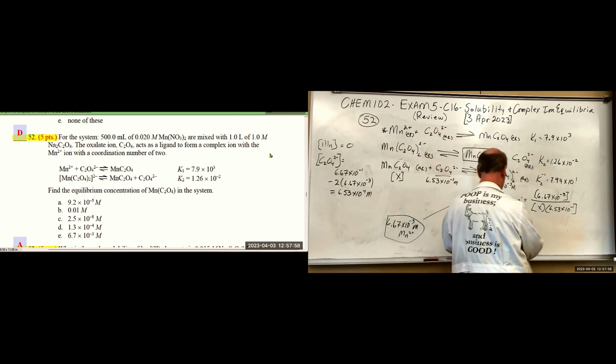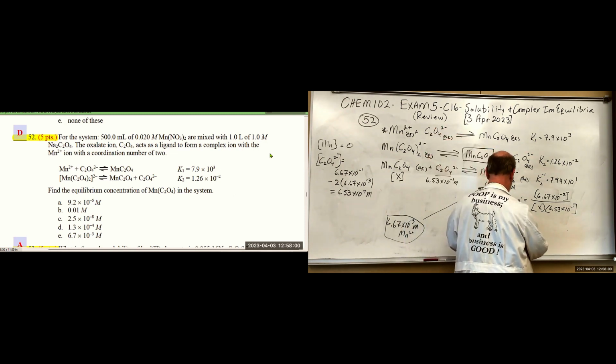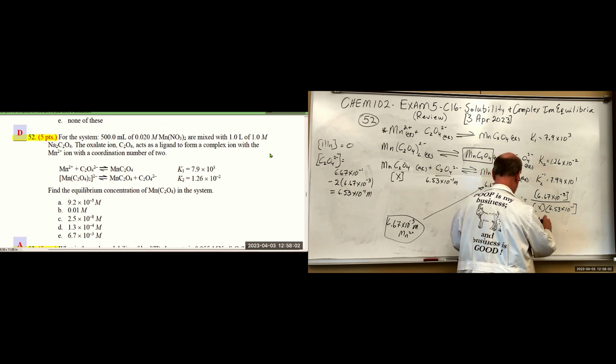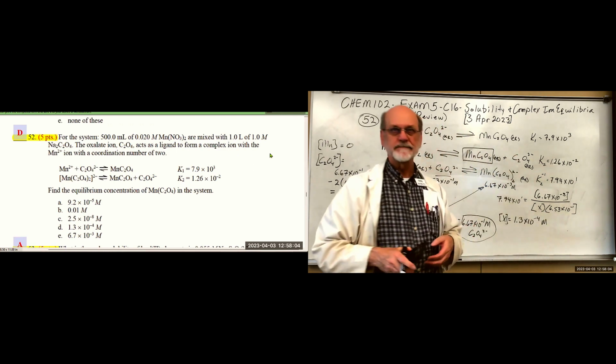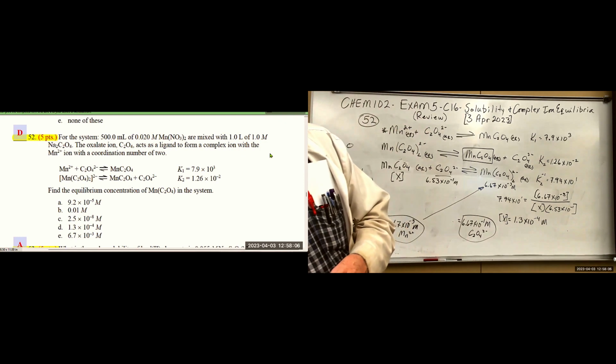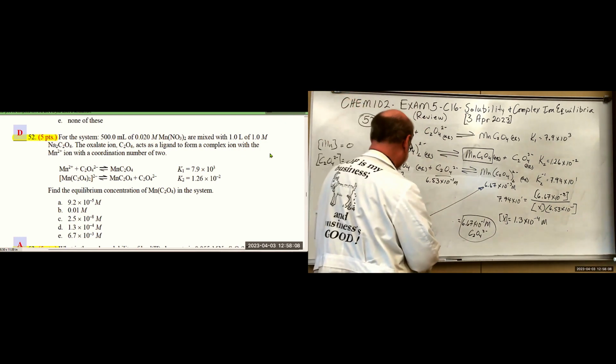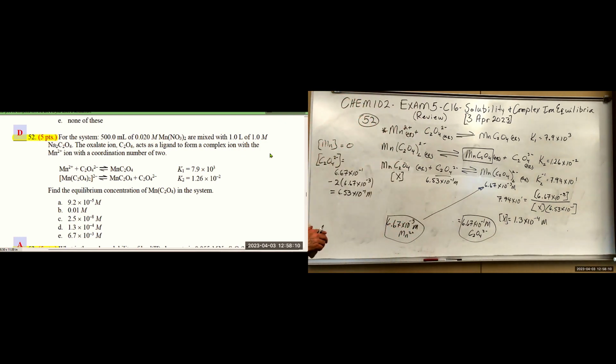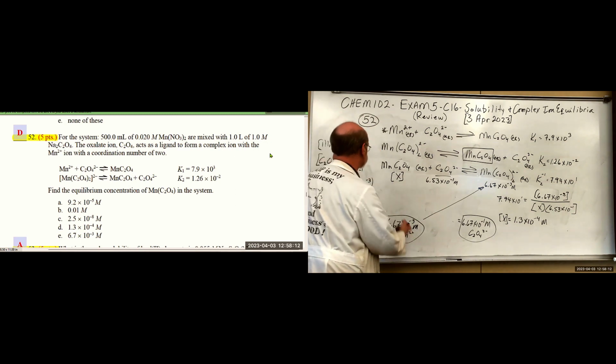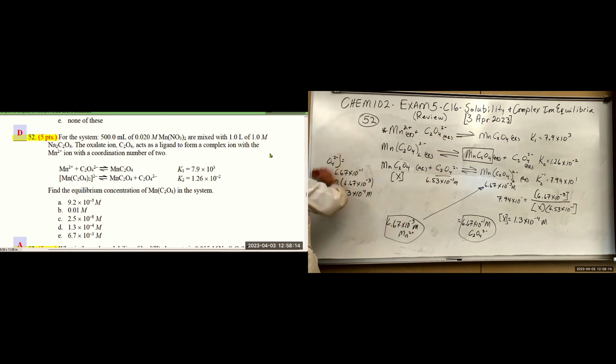So I get 1.3 times 10 to the minus 4 molar. Okay. Now it's 52.